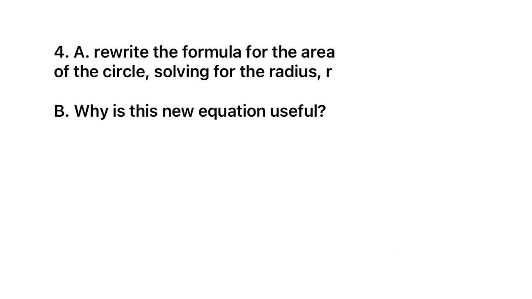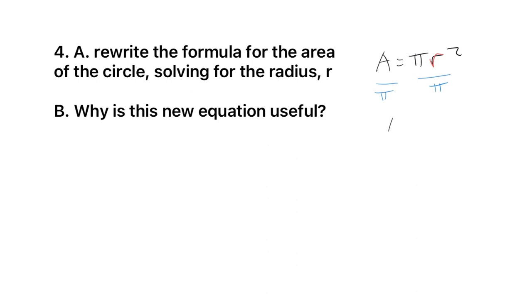All right, 4a, rewrite the formula for the area of a circle solving for the radius r. Well, the area of any circle is pi r squared. In order to solve for the radius r, we would have to get this r by itself. To do that, we would divide both sides by pi.